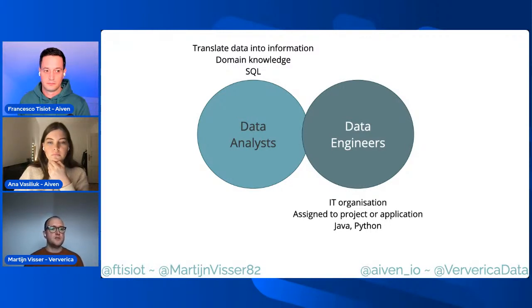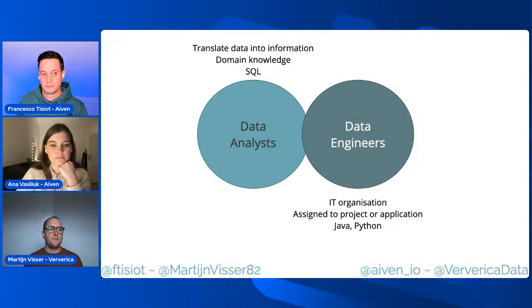While data engineers, who usually work for something on the IT organization, they are assigned to projects or to applications, and they are more used to writing their code in either Java or Python or Scala or something else like that. But the interesting part is, of course, if we take an example of how many data analysts and how many data engineers are out there.